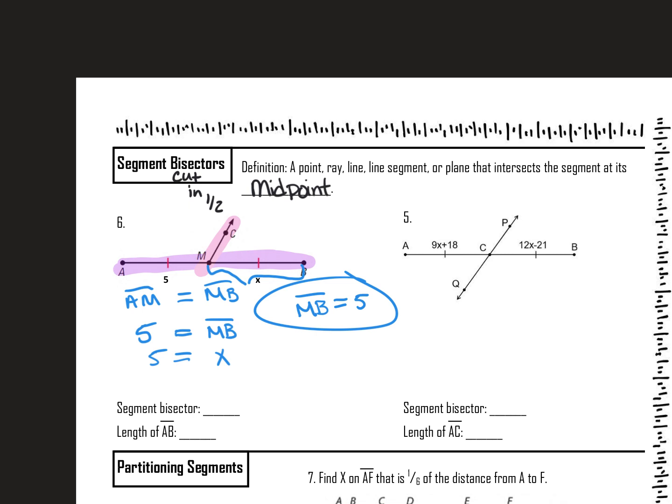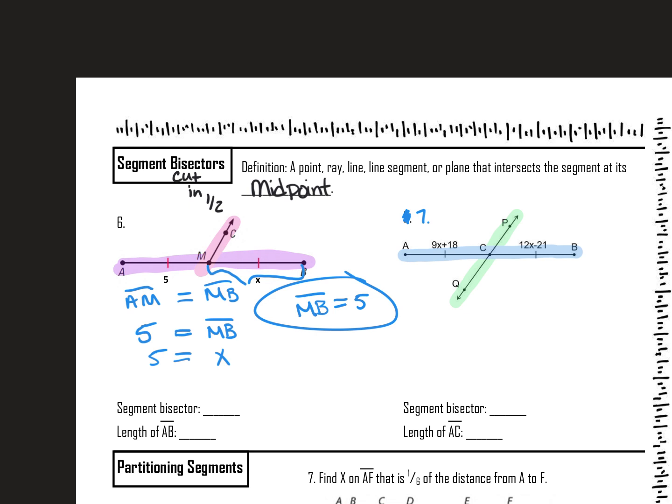All right, now looking at the next question, what is said to be 5, it should be 7. We have a line that is cutting across a segment. So my line is QP that I've colored in green, and my segment is AB that is now colored in blue.